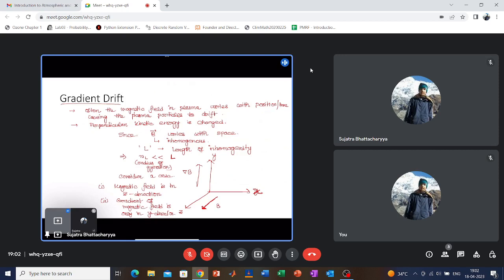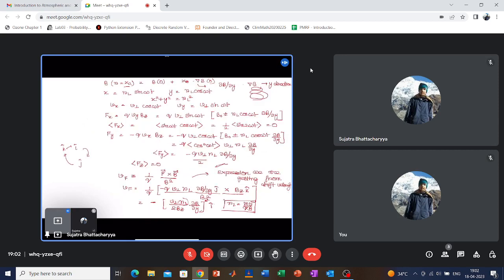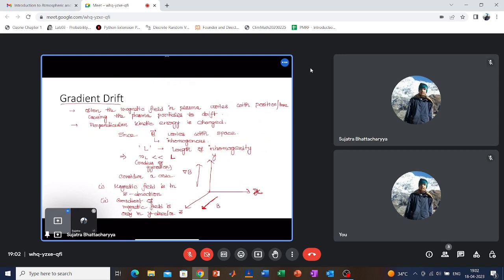Simple. So this electric field E can be written as force per unit charge, and we have just assumed that in case of a gradient drift, there is a gradient of magnetic field which exists, which is creating the inhomogeneity, and B is present in the Z direction only.